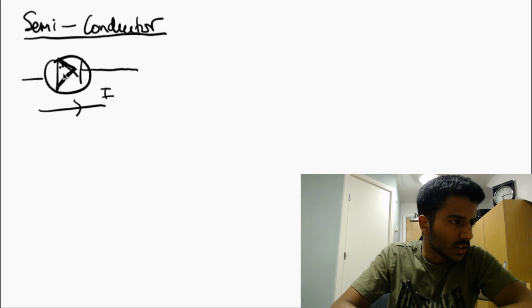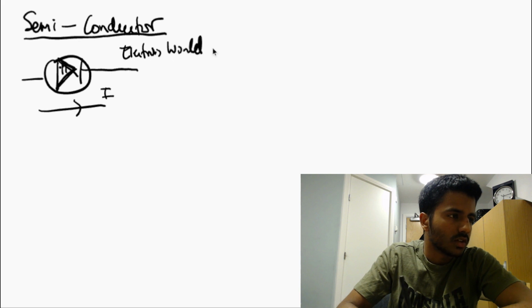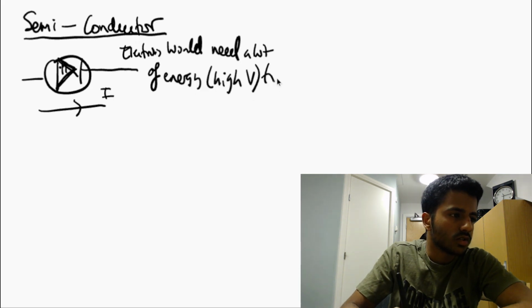And that's because inside this diode there's a tiny vacuum. So that means that electrons would need a lot of energy, so a high voltage, to jump the vacuum.